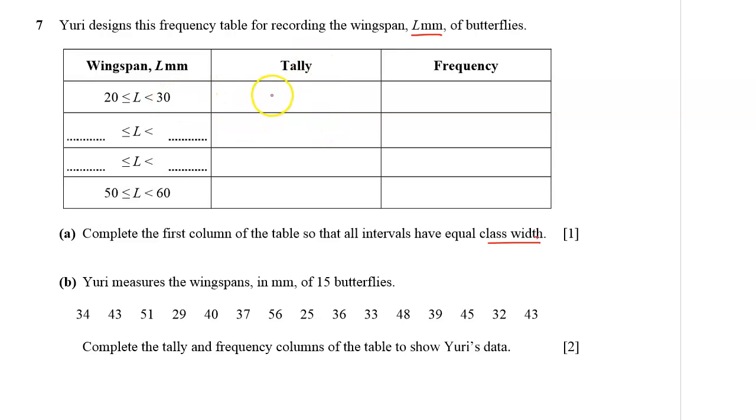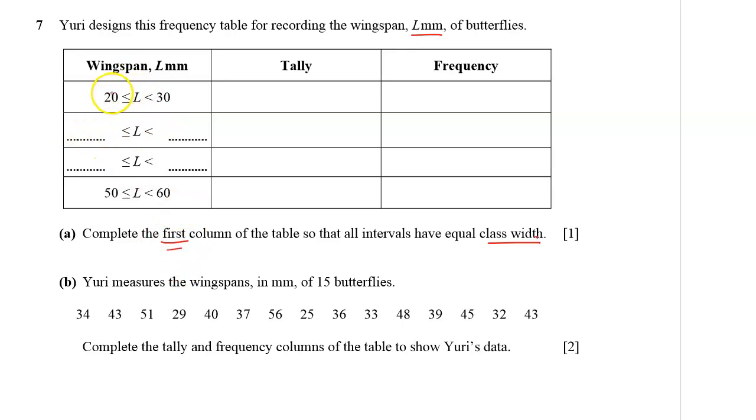The tally will be 2. Then of course the frequency will be 2. I can first leave that. Let me first complete the first column.